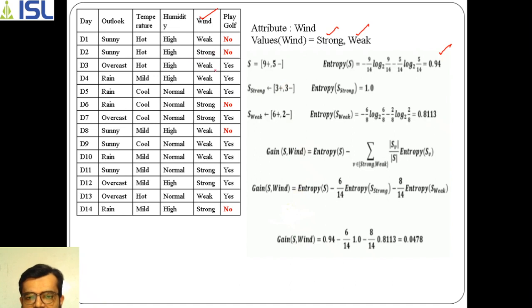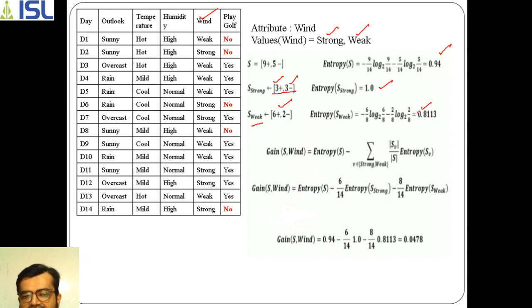As both are equal, you will get the value as 1.0. No need of calculating again. Now if you go for weak, you will find that 6 positives and 2 negatives are there. So there is no need to substitute the values in the formula again, and finally you will get 0.8113.